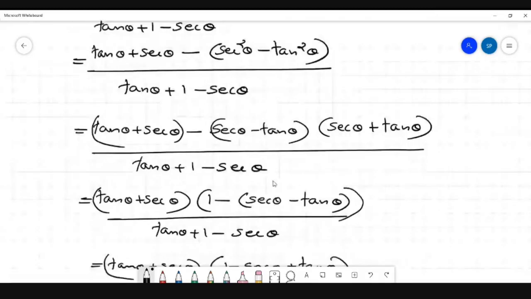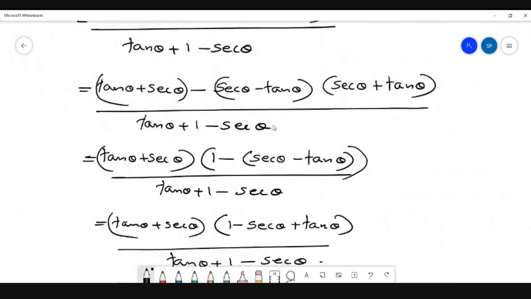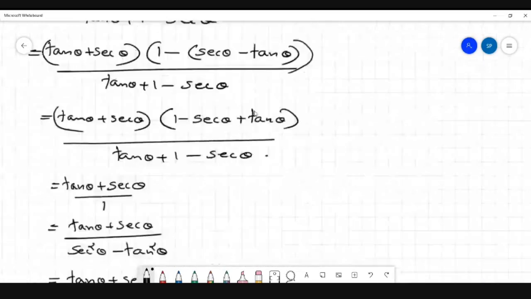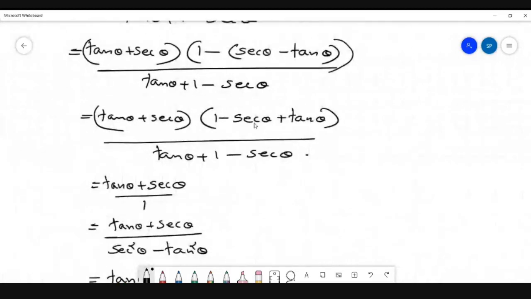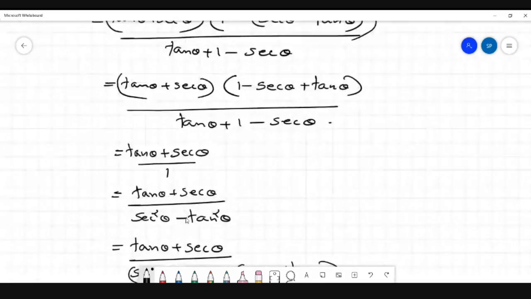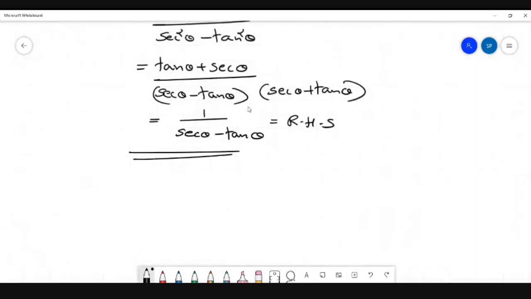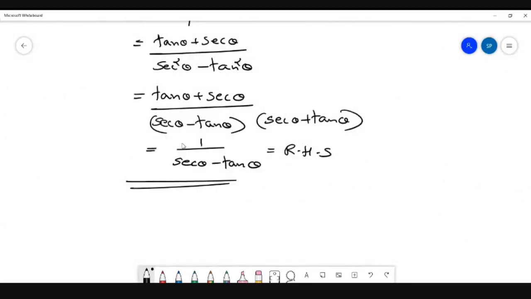Then the expression is 1 minus this sec theta minus tan theta. After removing the bracket, we get 1 minus sec theta plus tan theta. So these two expressions are same. You can cancel. We get tan theta plus sec theta. But that is not our right hand side. We need sec theta minus tan theta in the denominator. So we change 1 as sec square theta minus tan square theta. Rewriting again a minus b into a plus b, cancelling one term, we get the answer.